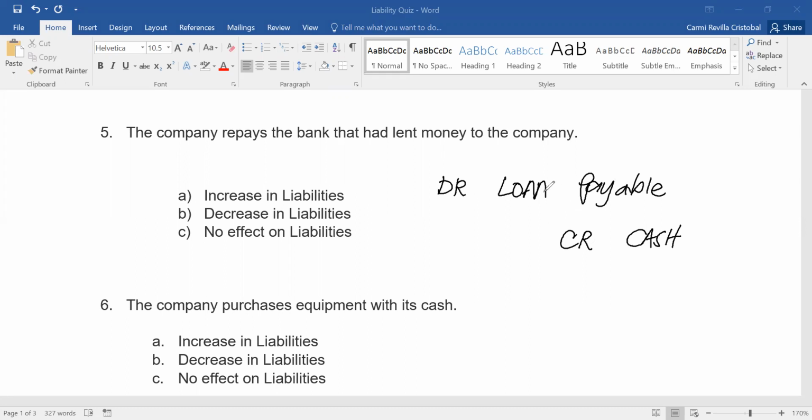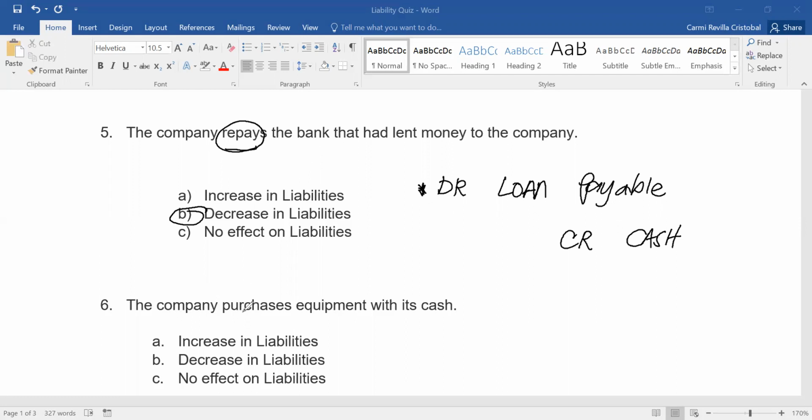In this case, the effect on liability is a decrease. So the answer is B, decrease in liabilities. We just need to understand the nature of the transaction. The company repaid, it paid.